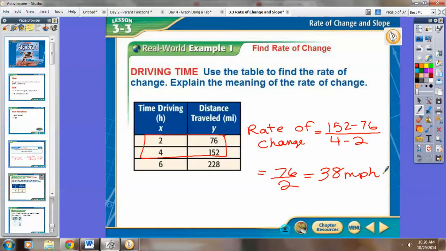It says to explain the meaning of the rate of change. So this case is talking about a car that is driving, and after so many hours, the distance it's traveled. So what is 38 miles per hour representing? How fast the car is going. The car is traveling 38 miles per hour.